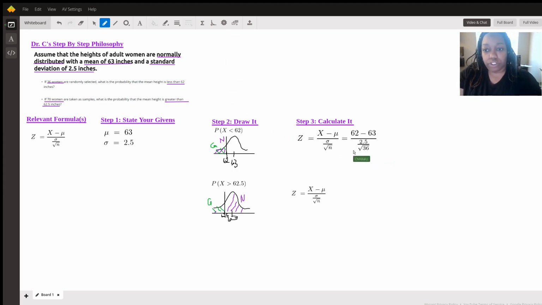That's how we work out the first one. And the second one, we're going to do the exact same thing, but we're just going to add in the relevant information. So we're going to do 62.5 minus 63 divided by 2.5 divided by the square root of 70. Okay.